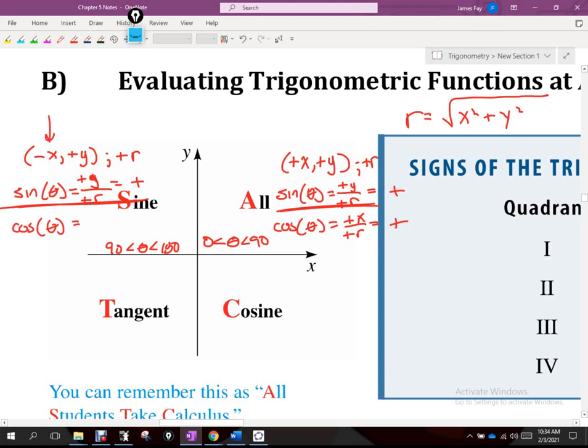And x now is negative, right? So a negative x divided by a positive r is a negative quotient. So the cosine in the second quadrant is negative. So if I go tangent as sine divided by cosine, tangent in the second quadrant is going to be positive divided by negative, which yields a negative result.